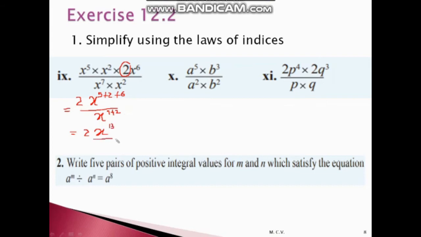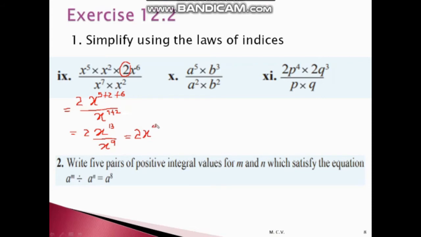Now we have to apply the second rule. 2 x to the power 13 minus 9. 13 minus 9, that is 4. So the answer is 2x to the power 4.